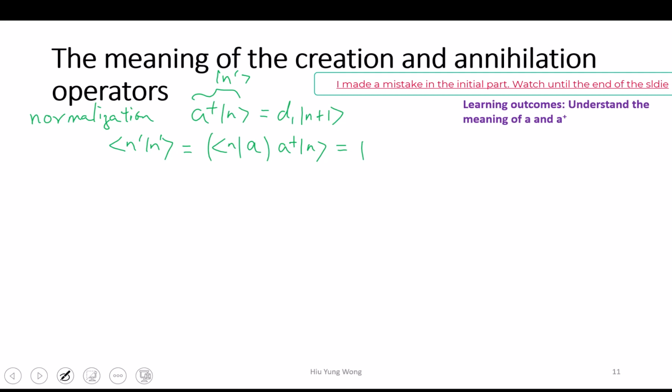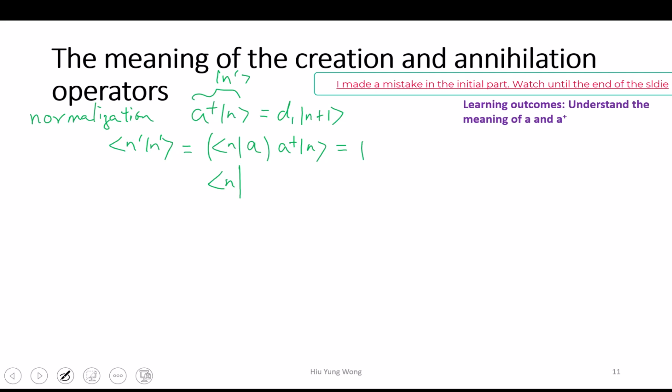But what is A dagger A? This is a little bit difficult to see. I mean, I need to find what is A dagger A. You don't know, it's difficult.